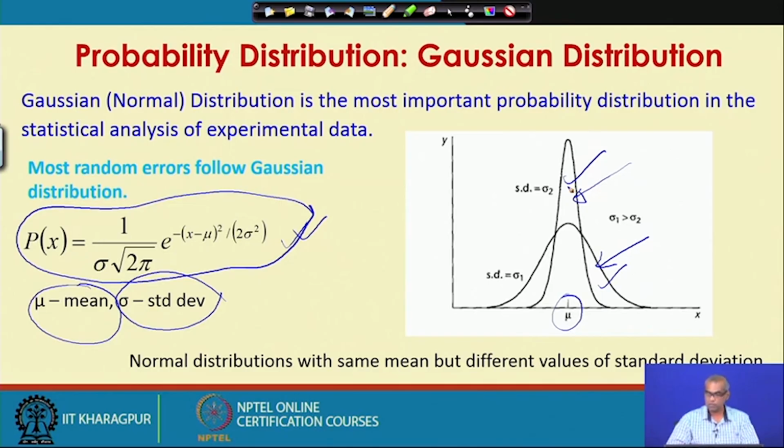Standard deviation sigma 1 is greater than sigma 2 in this figure. Standard deviation represents the spread of the distribution or scatter of the data. So, this one is a distribution where the scatter of data is less than this distribution.